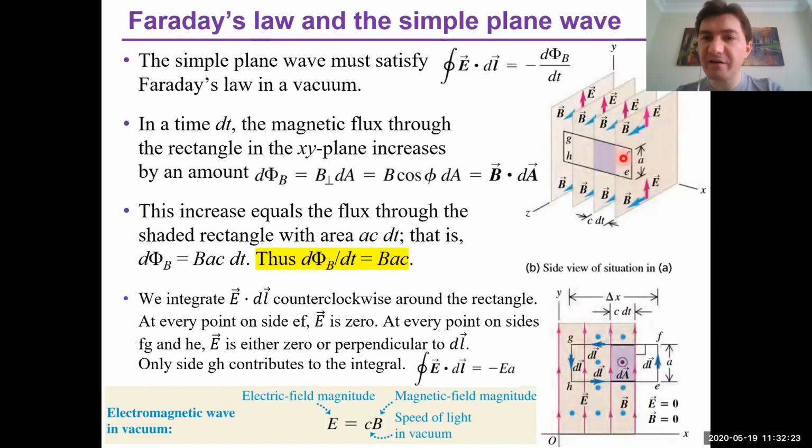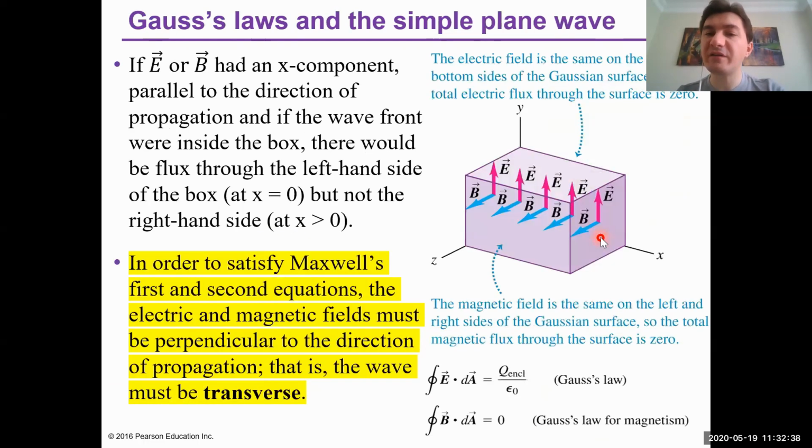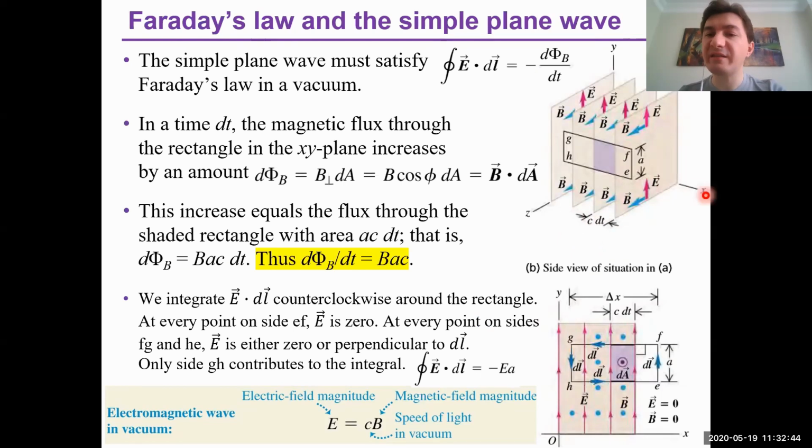So this area is shown by a times dx, change in the x-axis. dx is given by velocity of the wavefront times dt. Velocity of wavefront is defined as c, okay? Then c times dt, this gives us dx. dx times a gives us the area of that surface, okay, here.